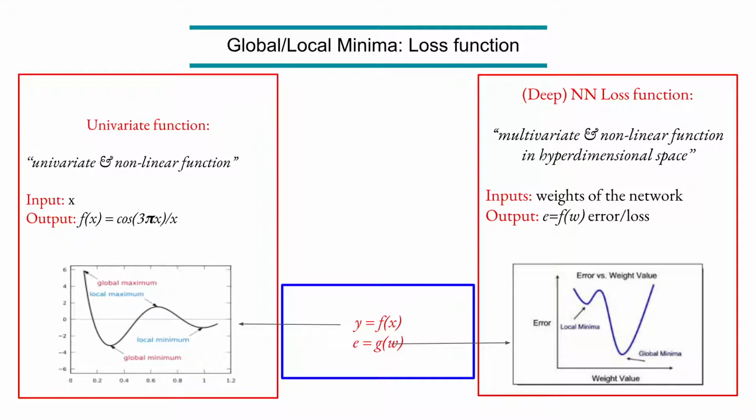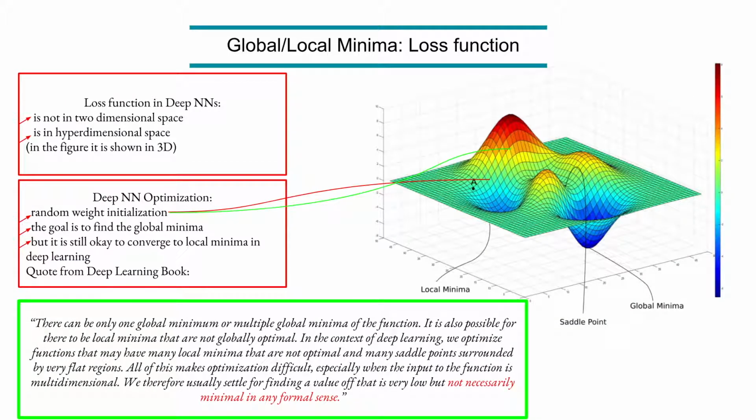But usually, this is a very simple graph, similar to that one. But in reality, the loss function of a deep neural network is something like this. This is the hyperdimensional space. For example, let's assume a 1,000 dimensional space, and this is a very complex space.